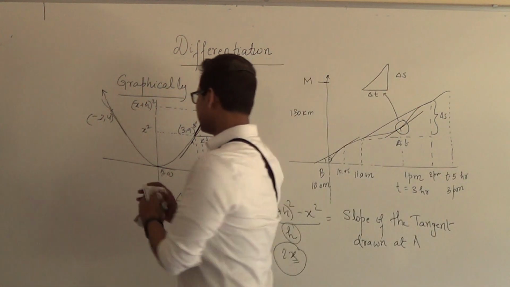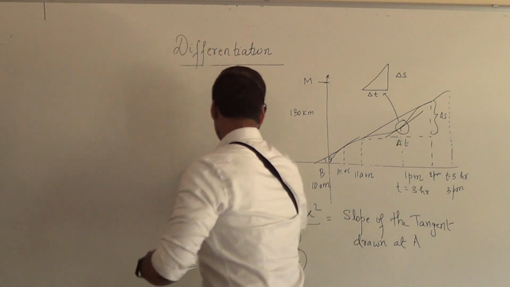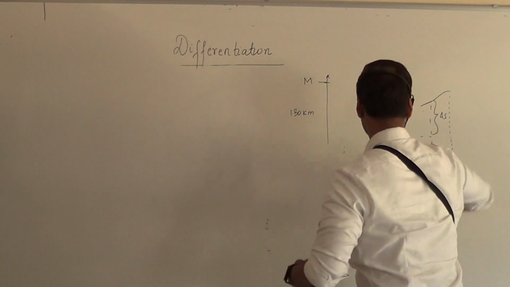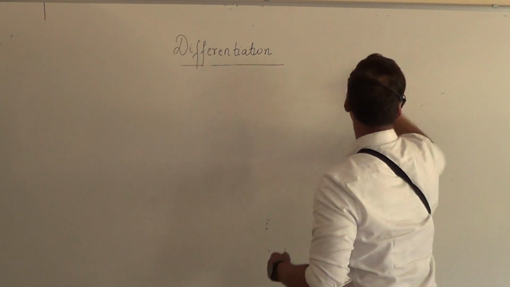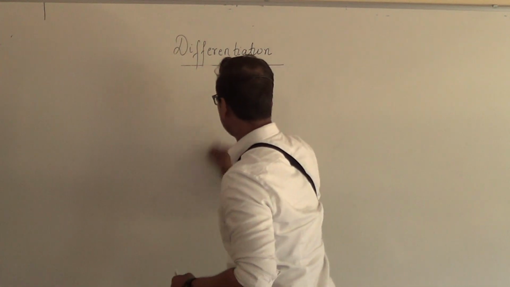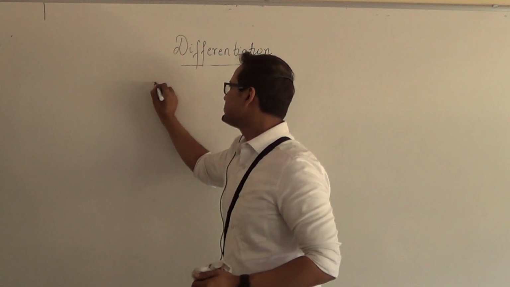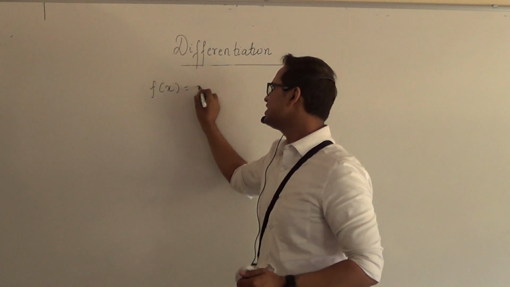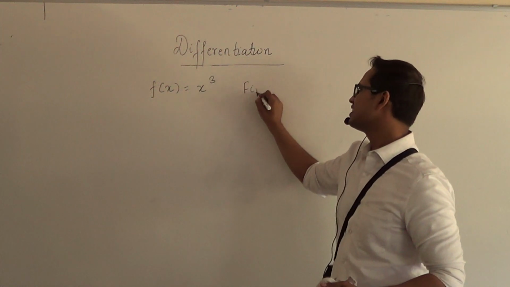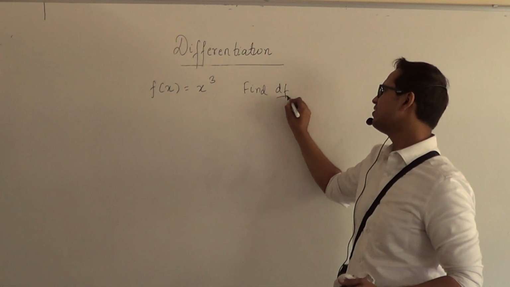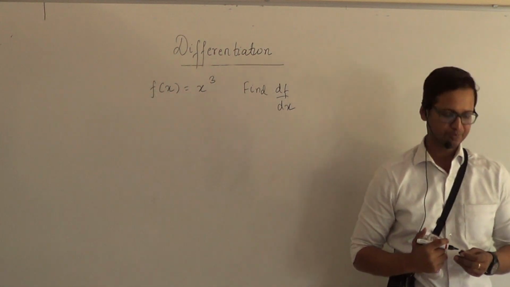Alright, now if this idea is clear, I would like you all to tell me, if my function is x cubed, the derivative of this function with respect to x.